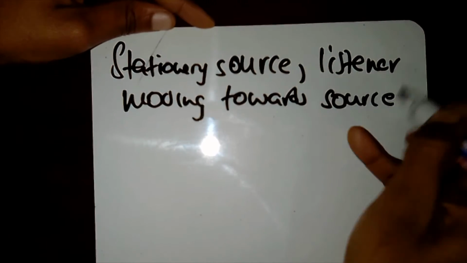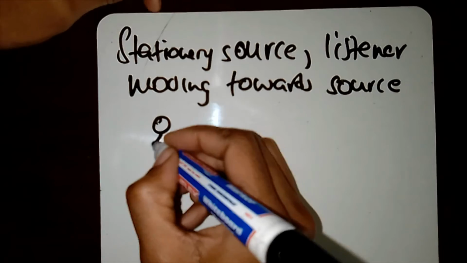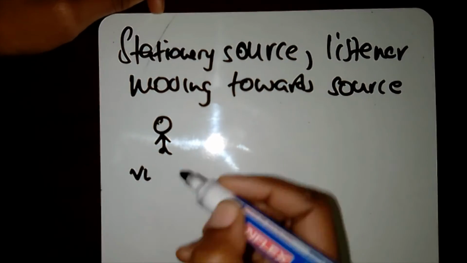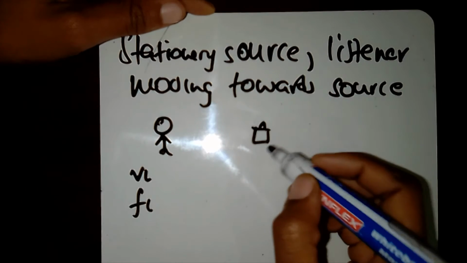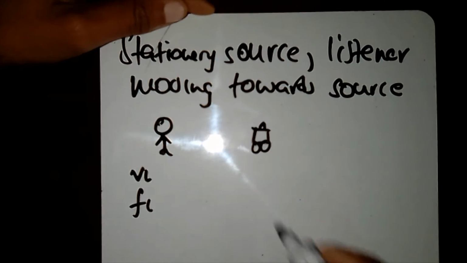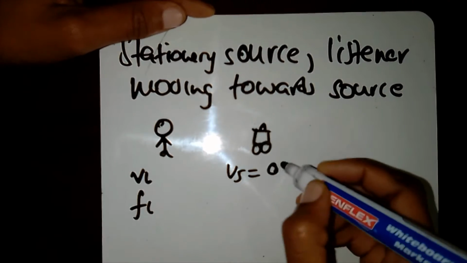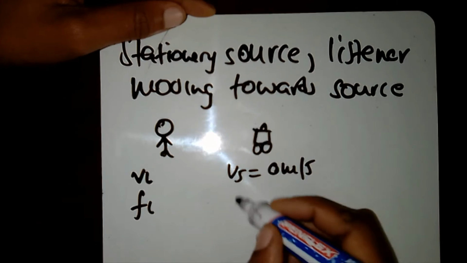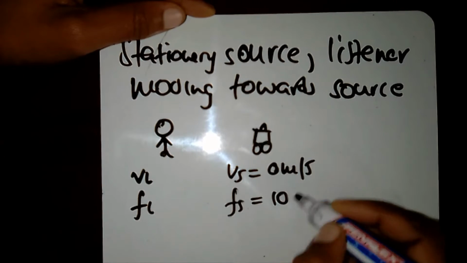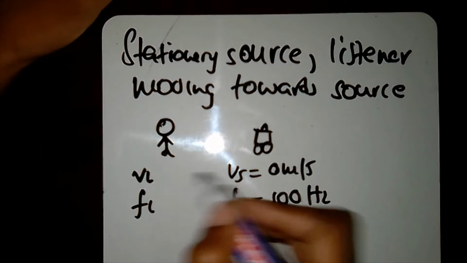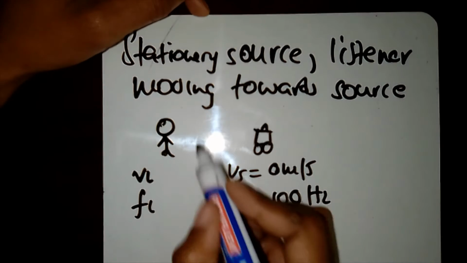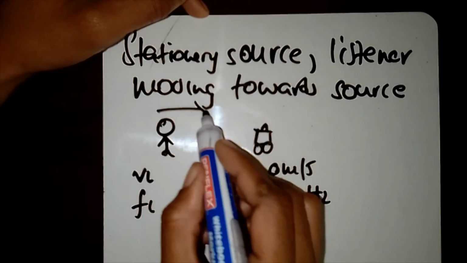So this is you with your VL, FL, and you still have that ambulance with its siren, VS, it's stationary, so its velocity is 0 meters per second. FS, let's say it produces a frequency of 100 hertz, like we mentioned, but now you are actually moving towards it.